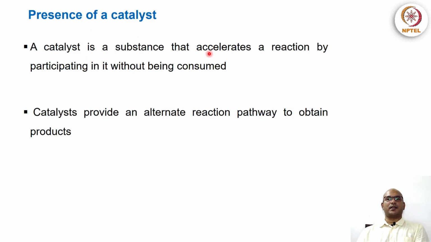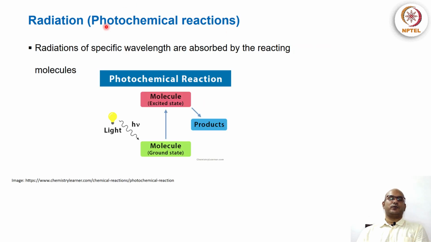Catalysts generally accelerate reactions without necessarily being consumed, and they provide an alternative reaction pathway to the obtaining of products. Finally, we have the photochemical reactions, which are driven by radiation. This means that a molecule or molecules at ground state absorb some sort of photolytic energy and reach an excited state.